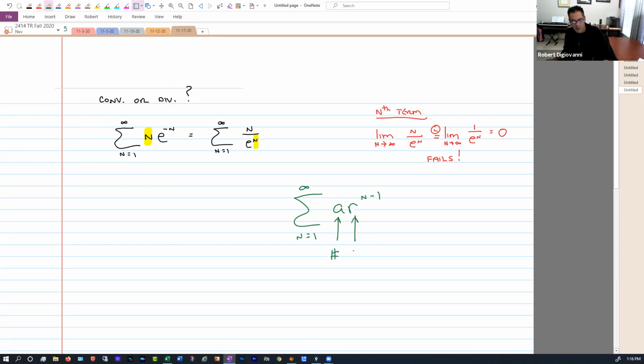And then this has to be a number raised to a power. Well, we have a number raised to a power, right? E to the negative n, that is this piece. But the thing that's out in front is not a constant. So we can't use it. So geometric, no. Is it harmonic?